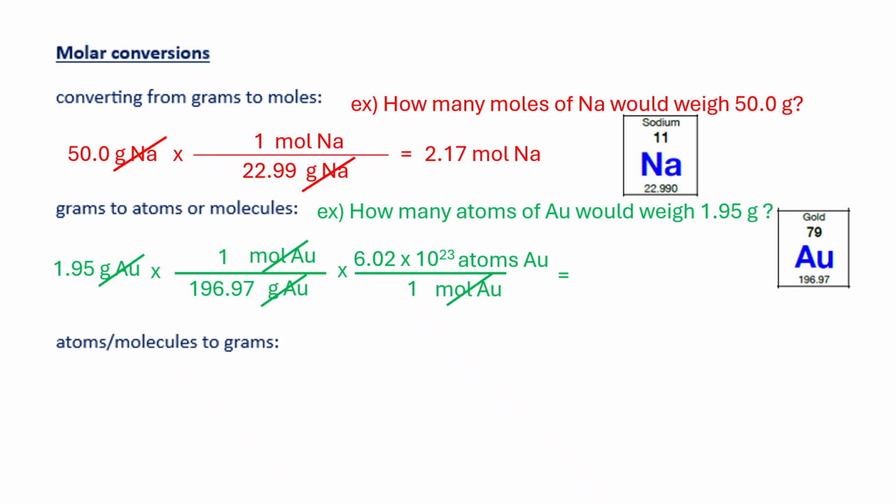Now in the calculator, it doesn't really matter what order I go in. 195 can be multiplied by Avogadro's number and then divided by 196.97, or you can divide first and then multiply.